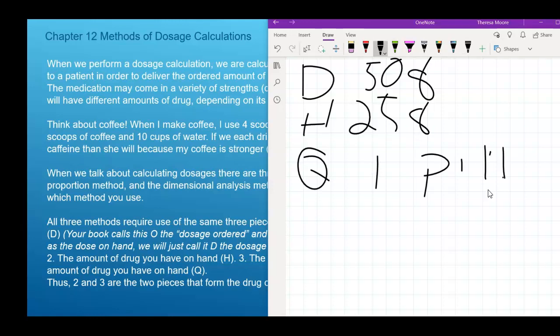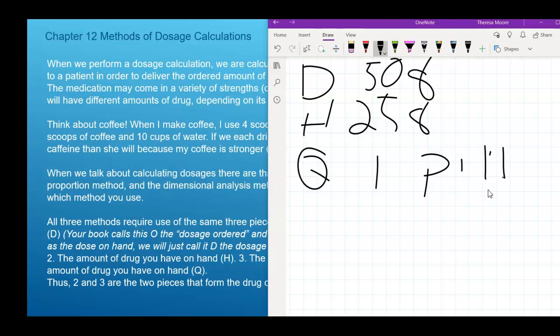Some books call H A. I'm going to try and keep A to note the amount of medication. So, you have to know what the doctor orders drug-wise. You have to know the concentration of the medication you have on hand, because that'll tell you how much drug per volume.